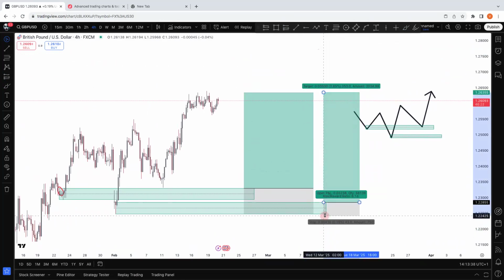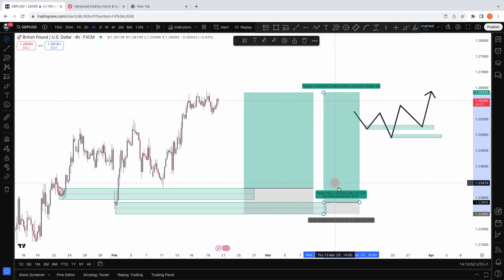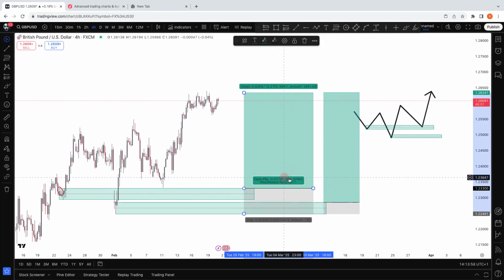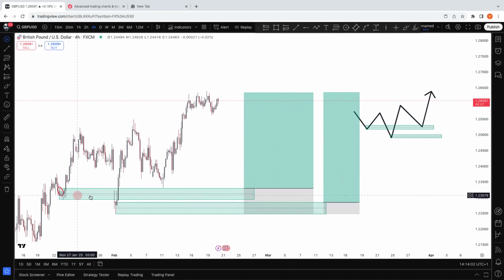We cover this low, same stop loss, same TP. This one is 3.7 risk to reward. That means if you risk one, you're going to get 3.7 in return. But in this scenario, when you risk one, you're going to get 9.1, so you're going to get 9 times the money you risk. Why in this scenario, you're going to get 3.7. So that's just the difference between using the Quasimodo and an order block.